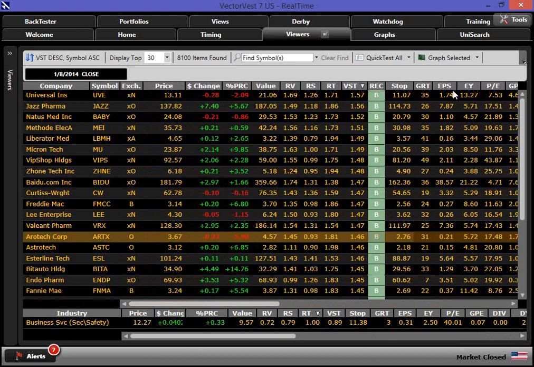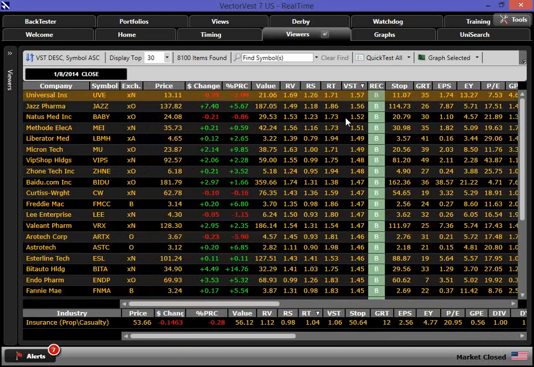Unlike things like PE ratio, it allows us to compare them on an even basis so that we can see on balance which stocks have the best combination of those attributes. So VST is our master indicator, and that's why we're sorting all of our stock lists by VST.